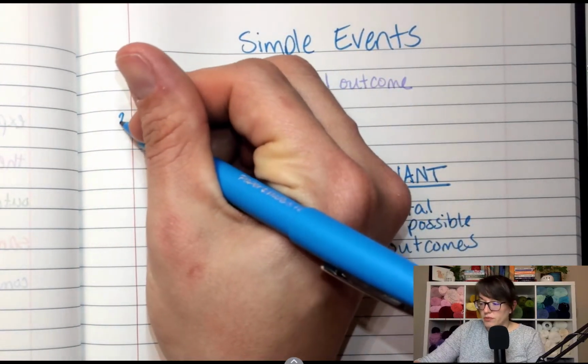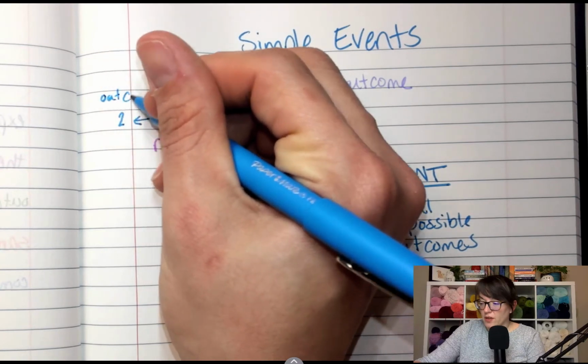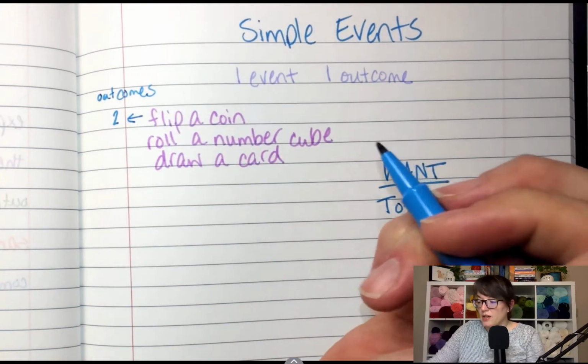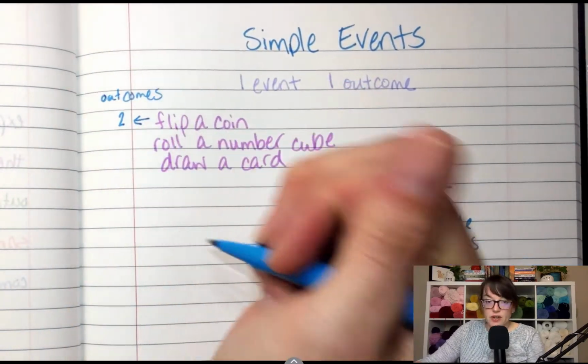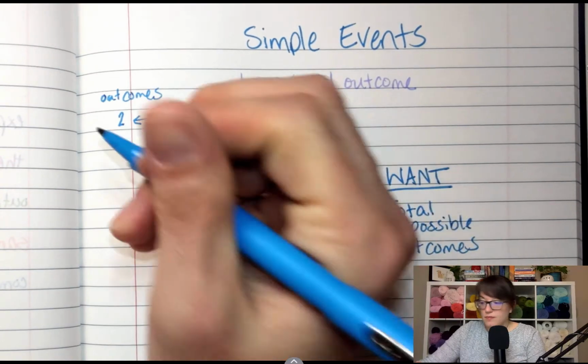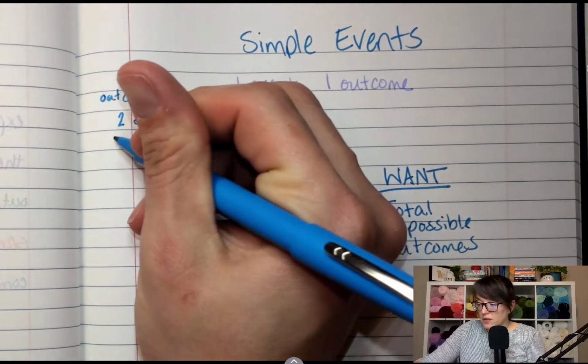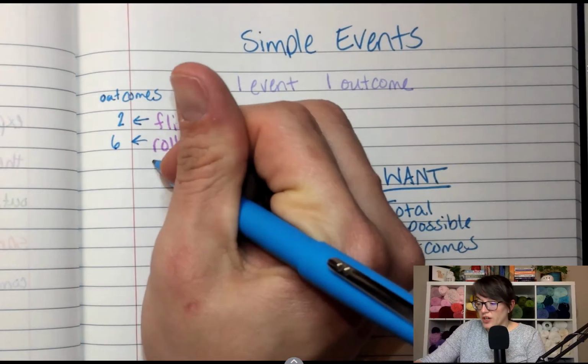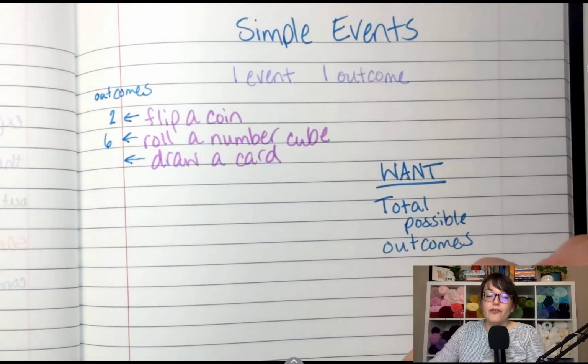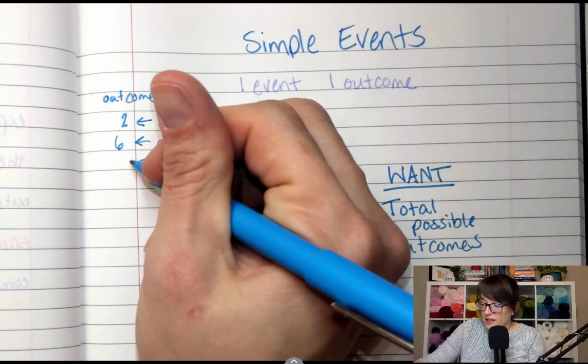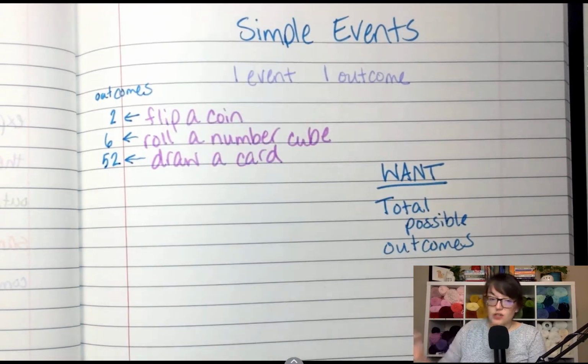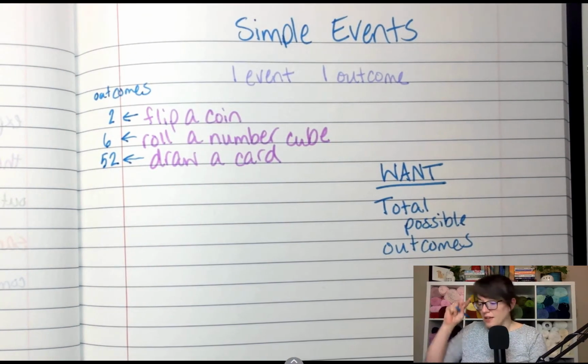There's two. So, these are my possible outcomes. And rolling a number cube, how many sides are there on a cube? 6. And drawing a card. This one you might not know. There are 52 cards in a deck.